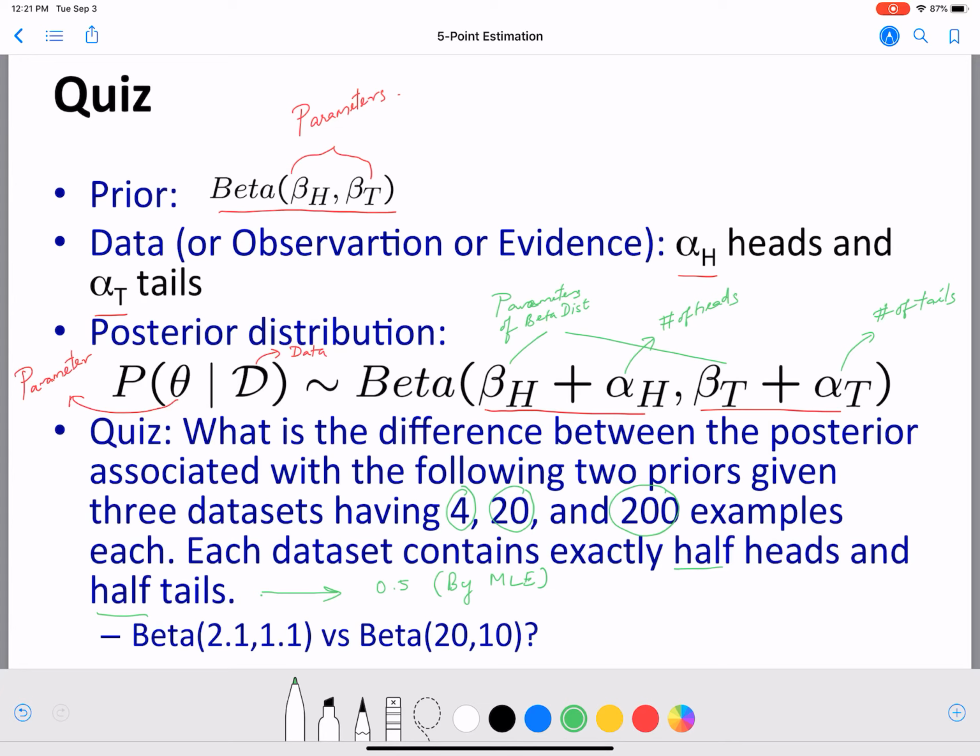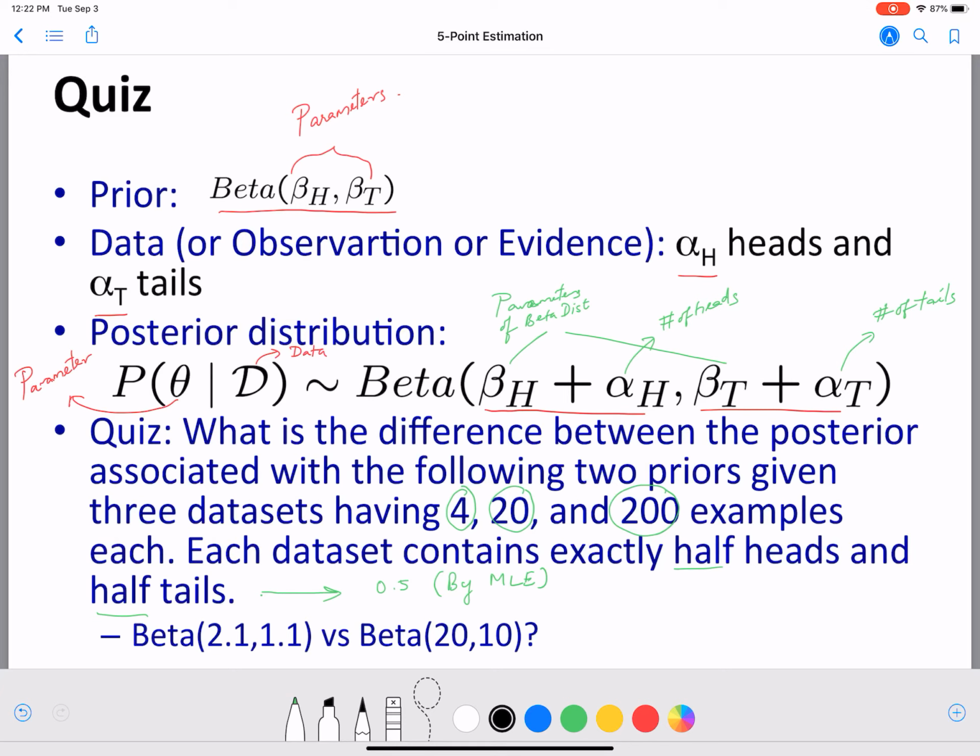Right? Now, suppose we have two different beta distributions here. One is beta 2.1, 1.1, where beta h value is 2.1, beta t value is 1.1. Another beta distribution where we have beta h value 20 and beta t value 10.